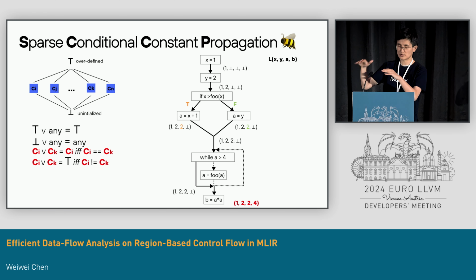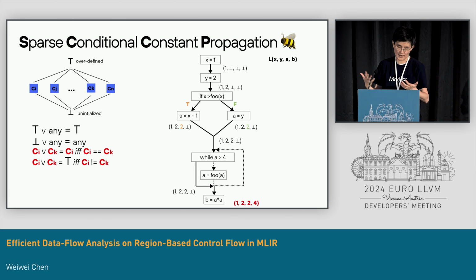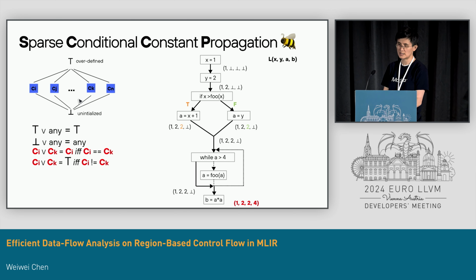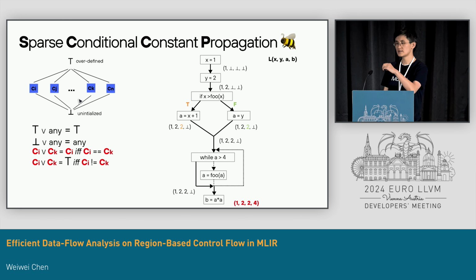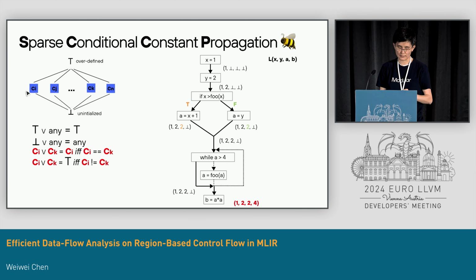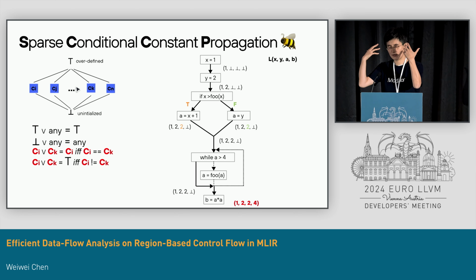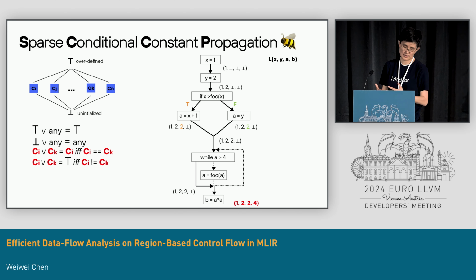So it will conditionally get rid of some of the branches if we have enough information. This is the type of constant lattice that we use in SCCP. It has the bottom state and the top state, overdefined. And in between, there's only one level, the constant value that we may generate while doing the analysis.